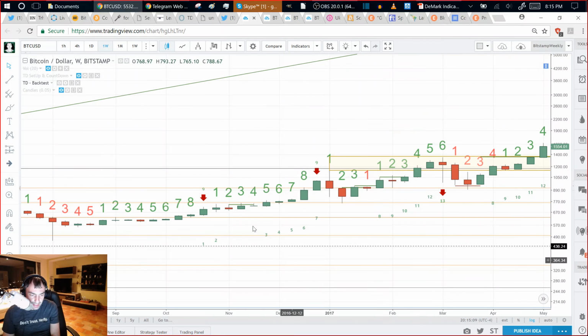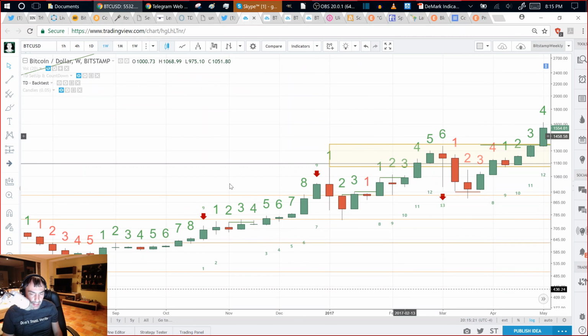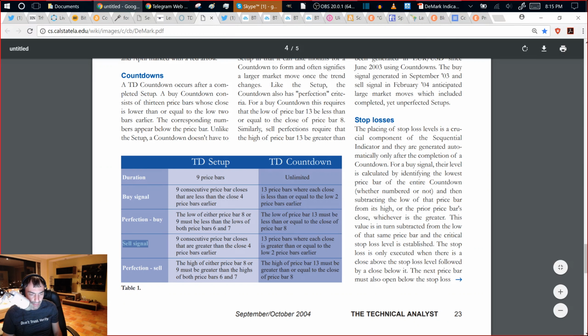When you have a setup and the setup does not lead to a significant reversal, so either this 9 is the beginning of an uptrend or only a 1 to 4 candle reversal and then new uptrend, it kicks off a countdown with a different math formula that doesn't have to be consecutive. You can skip candles.